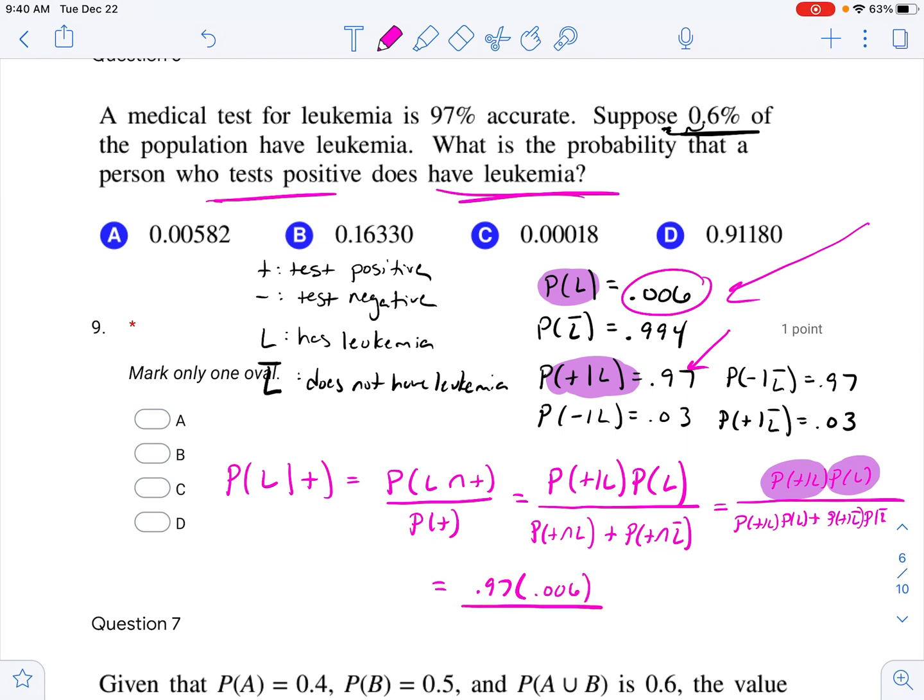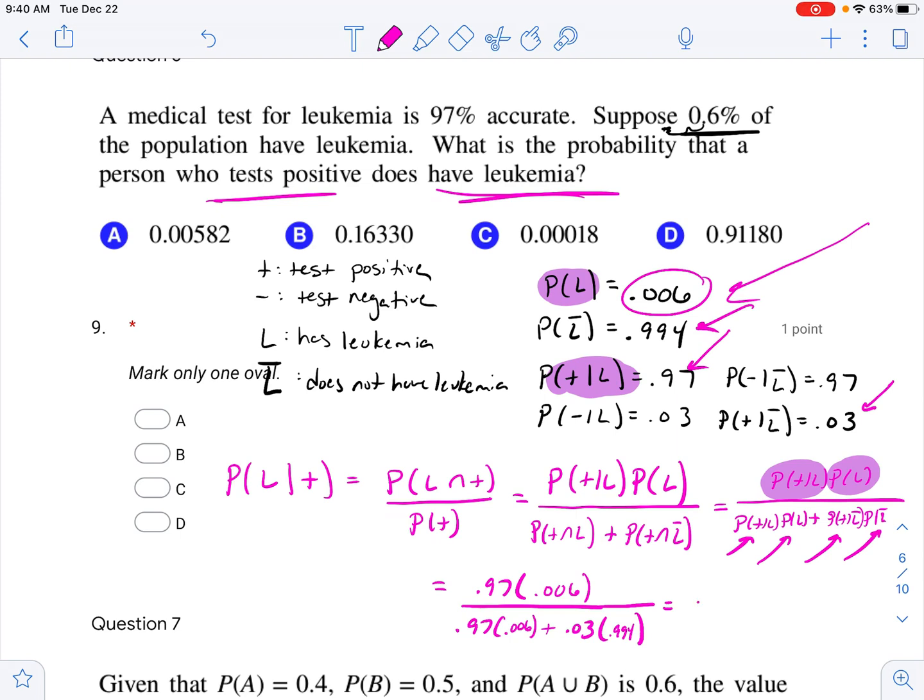So there's our numerator down below. In the denominator, the first term is again probability plus given L, 0.97, times probability of L, 0.006, exactly the same thing that's up top. Then probability of plus given not L, that was that 0.03, times the probability somebody does not have leukemia, 0.994.